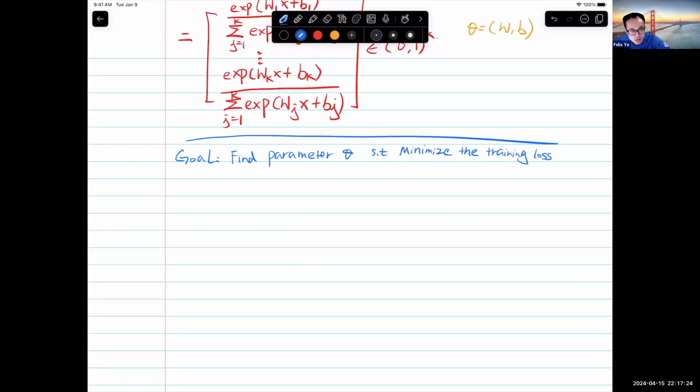So what is the loss function that we can use? There are two commonly used loss functions in logistic regression, but the most important one is the cross entropy loss. This loss that is usually used is called cross entropy.